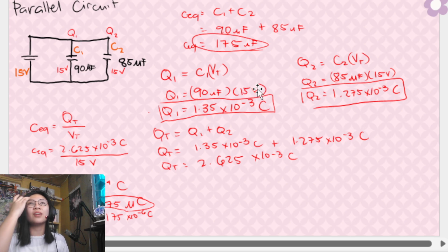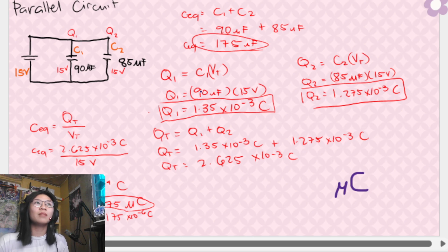Another technique of mine is, if one has a prefix like micro but the other has none, you just retain the prefix. So it can be micro, then farad multiplied by V is coulomb.